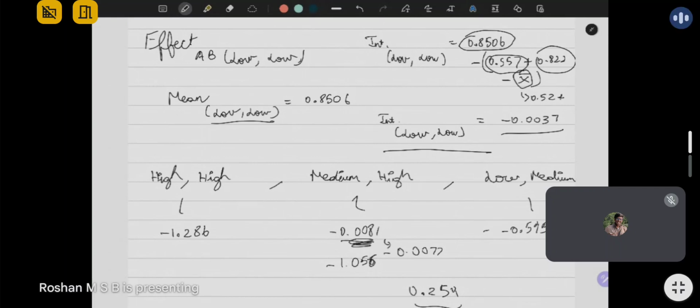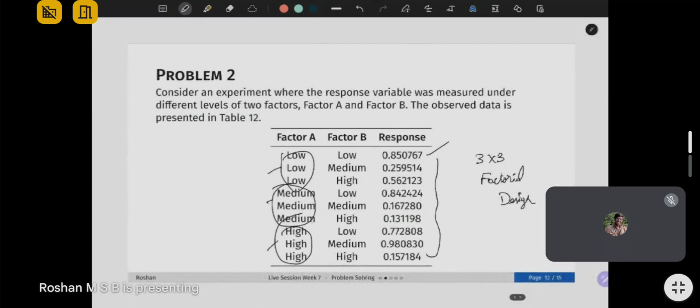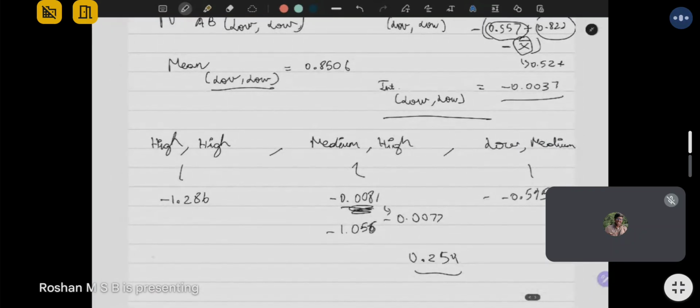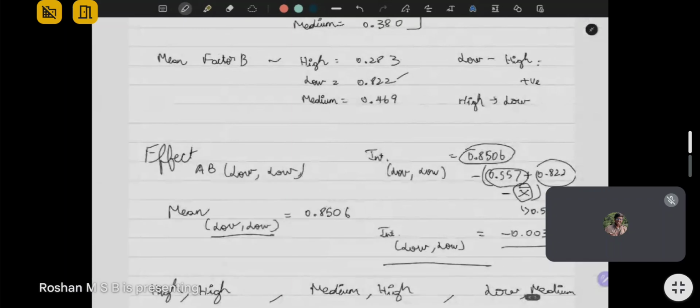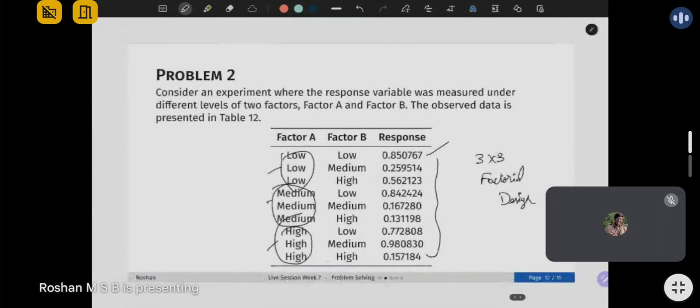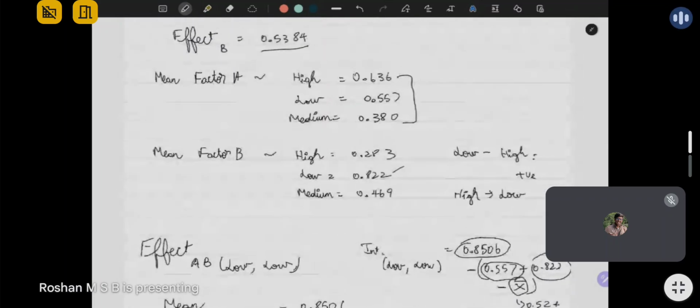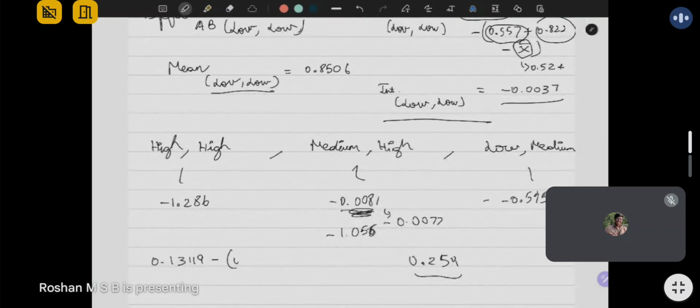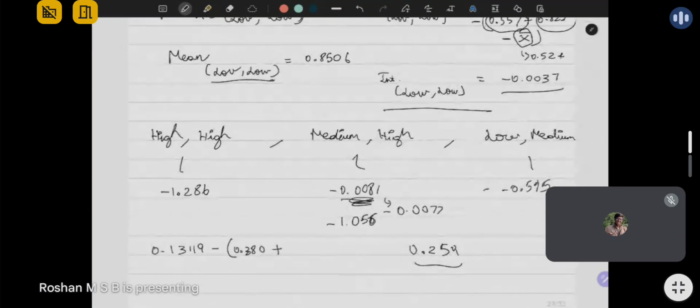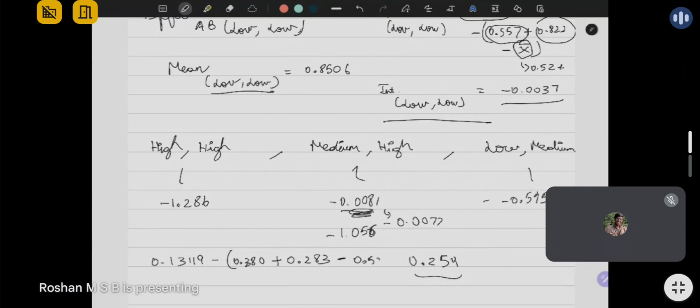Tell me where I'm going wrong. Medium high, the point is 0.131198, minus 0.3803, plus 0.283, and 0.524 has to be added.